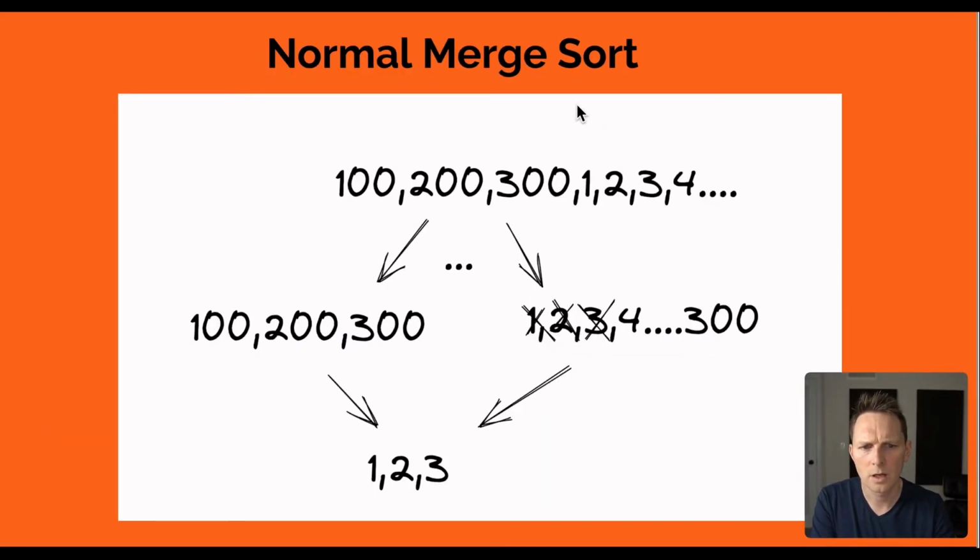So in most cases, what TimSort does is based on merge sort. And merge sort is fairly simple. It splits things up, splits them into groups, and then it merges those groups back down together. And as it merges them, it sorts them so that the merged portions all become in order.